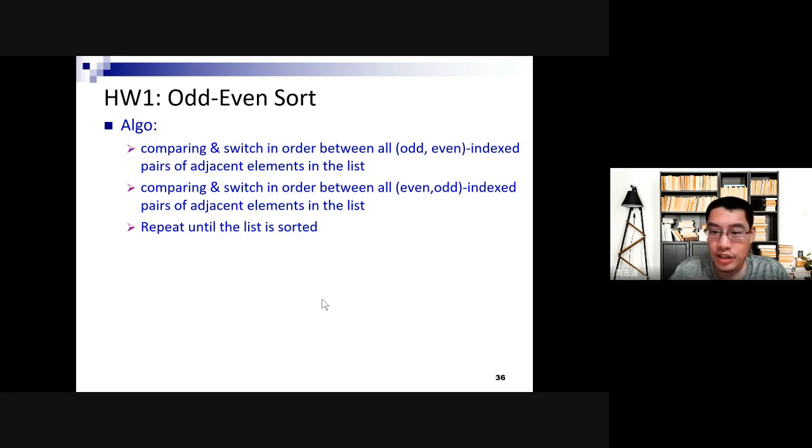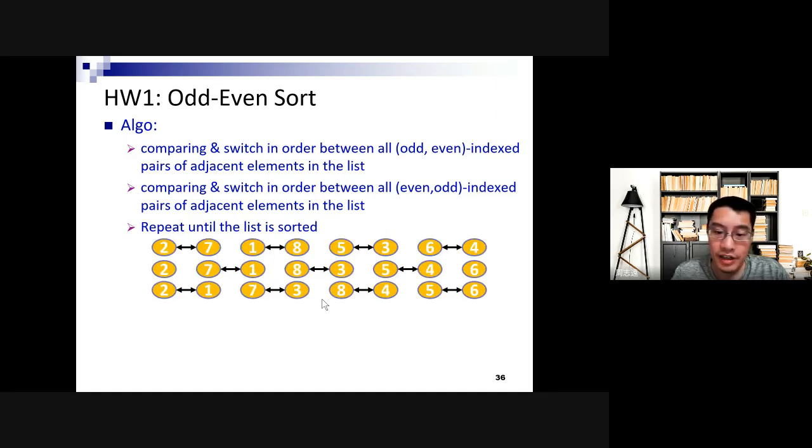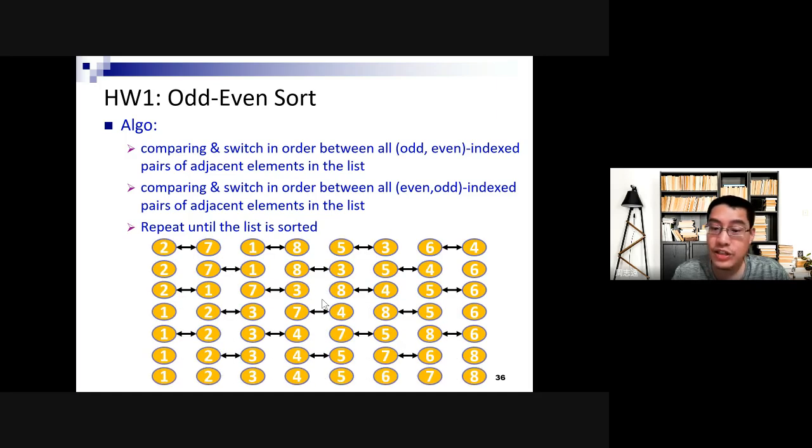Okay, so here I will not repeat too much, but basically your homework one is to implement the odd-even sort algorithm using MPI. The algorithm should be pretty easy to understand, right? It is divided into an even phase and an odd phase, and the numbers will only be exchanged between its neighbors on the left side and the right side.